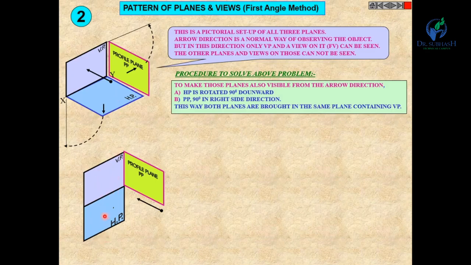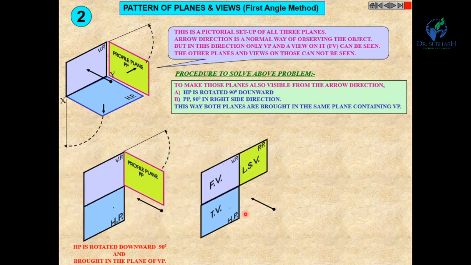Similarly, if we rotate the profile plane 90 degrees in the right direction, then you will find the front view, top view, and left hand side view: vertical plane, horizontal plane, and profile plane.